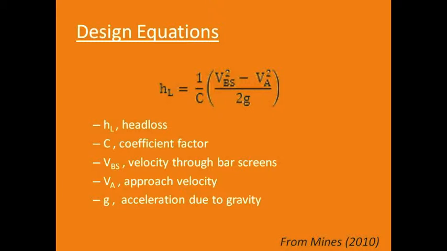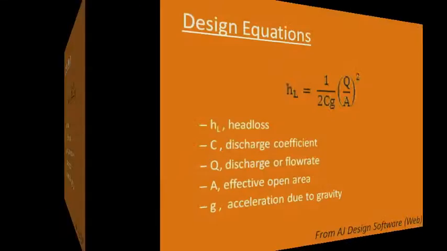There are several equations to consider when designing screening systems, but the most important equation to use is the head loss equation. This equation determines the head loss using the velocity through the bar screens, V sub bs, the velocity approaching the screens, V sub a, a coefficient factor, C, and the acceleration due to gravity. This coefficient factor is 0.7 for clean screens and 0.6 for clogged screens.